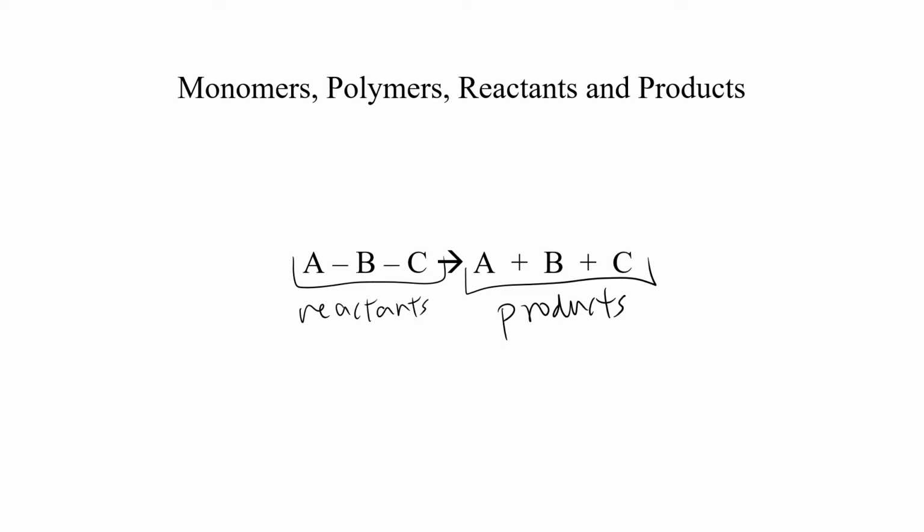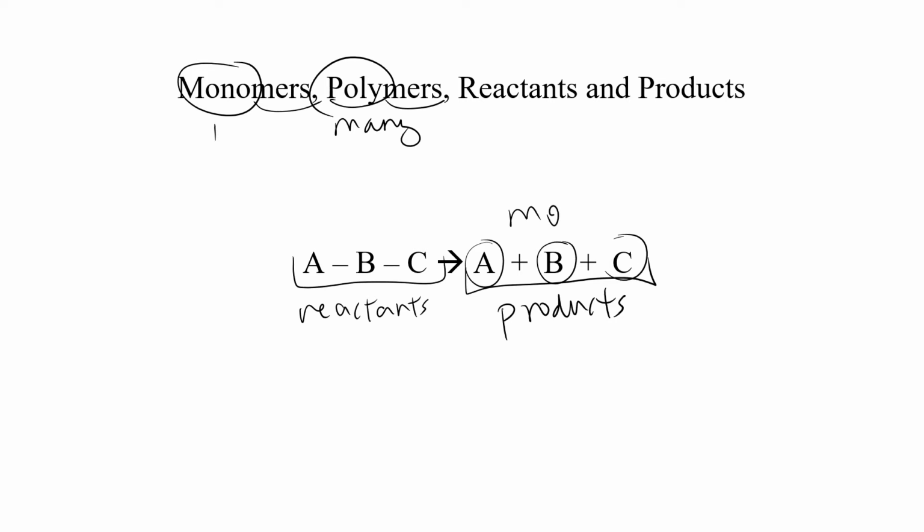Let's talk about monomers and polymers. Mer is a unit, okay? Mono means how many? That's one. Poly is many. Well, for our conversation, a dimer would be 2. A polymer would technically be 3 or more. So here you have A and B and C. Each are single units, so they would all be considered monomers.